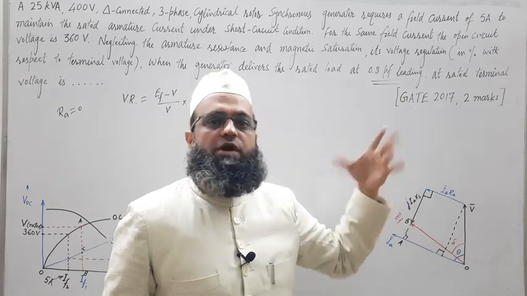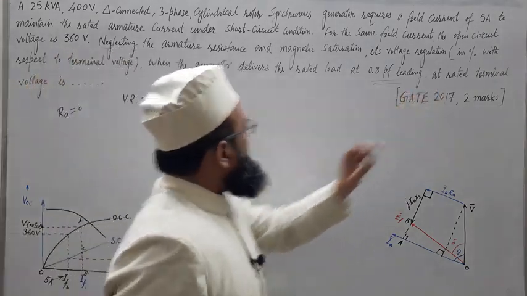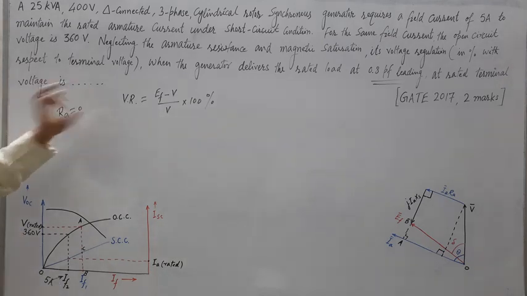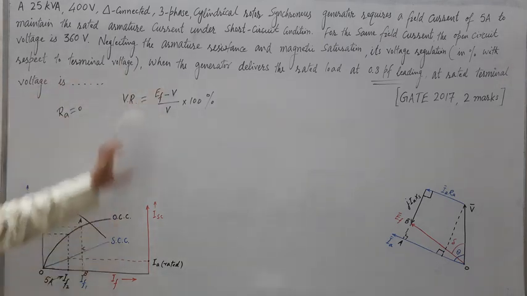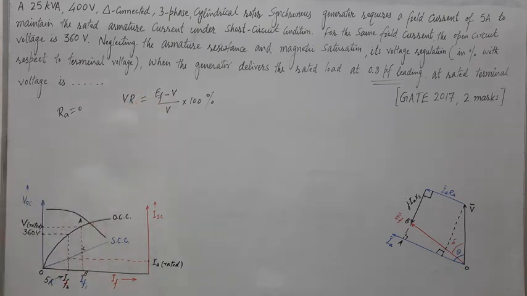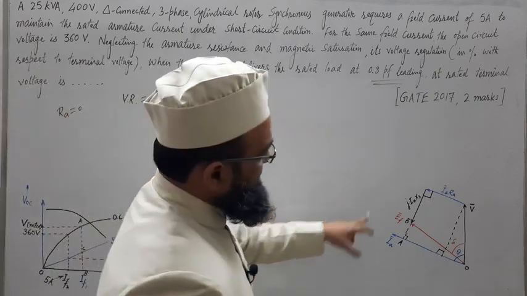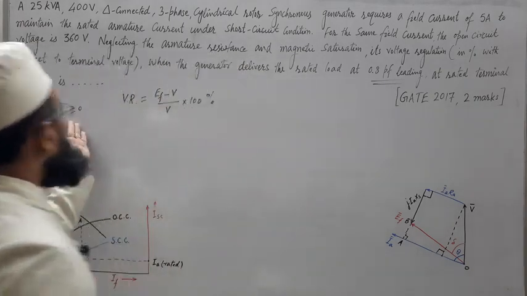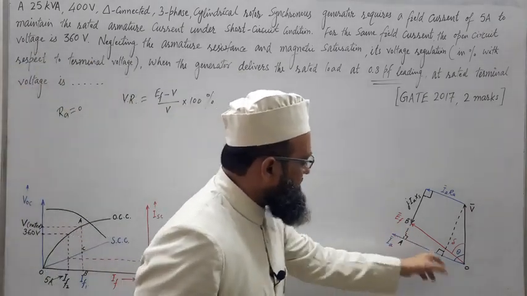If lagging, then corresponding to lagging. At rated voltage, basically this voltage regulation has been asked. We know that for obtaining voltage regulation, we need ZS. So first ZS will be obtained, and once ZS is known, RA has been ignored, the same will be XS, and we can get the value of this magnitude EF.